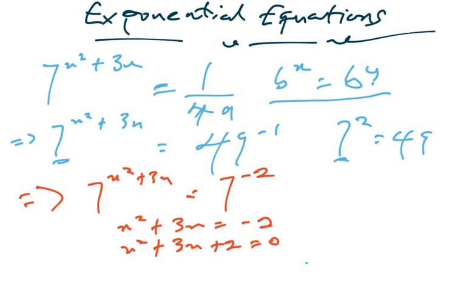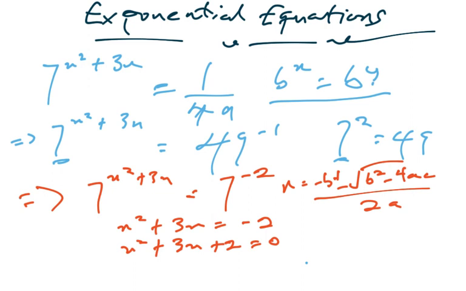If you don't get any numbers like that, we can use the quadratic formula to solve it. The quadratic formula is x equal to negative b plus or minus the square root of b squared minus 4ac, over 2a.